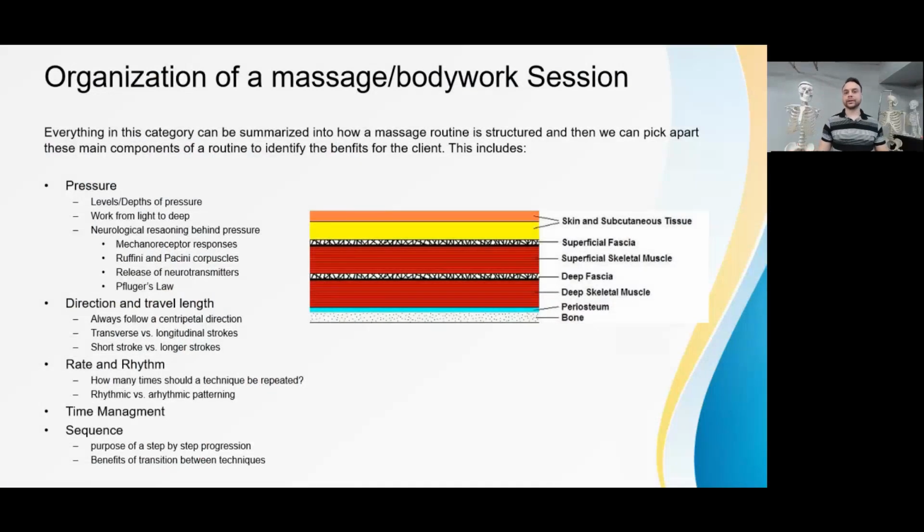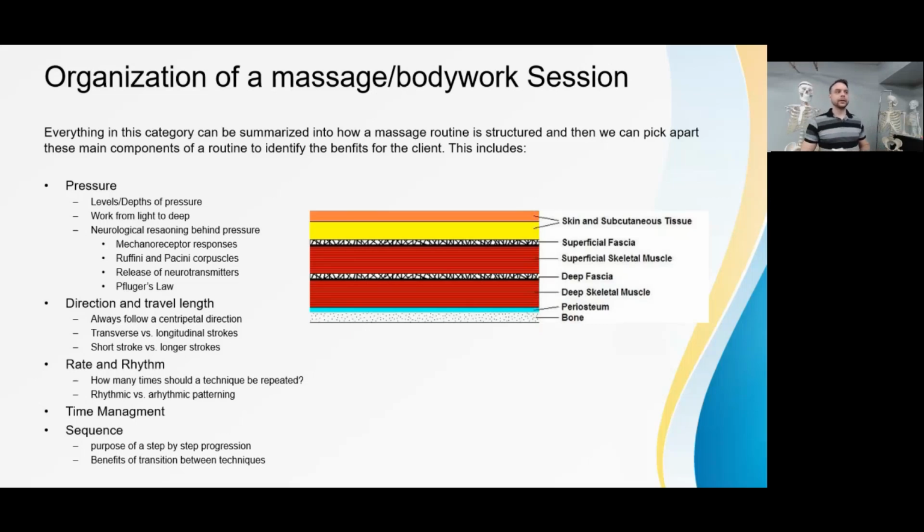So now when it comes to pressure, pressure is always unique to the individual, and we always want to apply the right amount of pressure that they're comfortable with. But what exactly is the right amount of pressure that's going to elicit valuable responses? In my experience and in my research, it doesn't take a whole lot of pressure to cause some of the greater benefits that we would see for our clients.